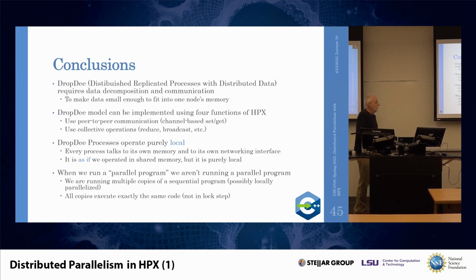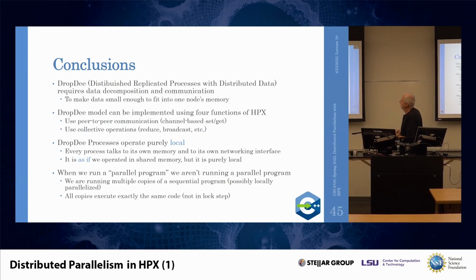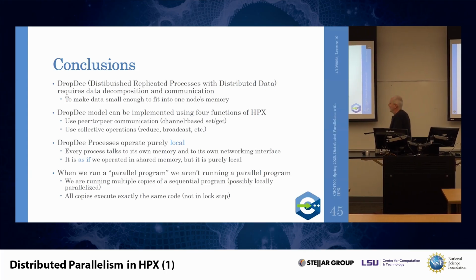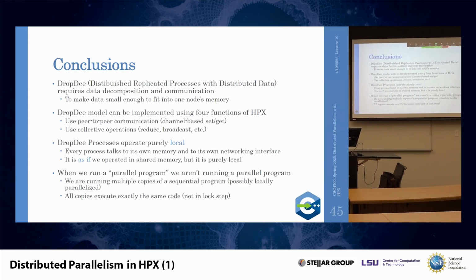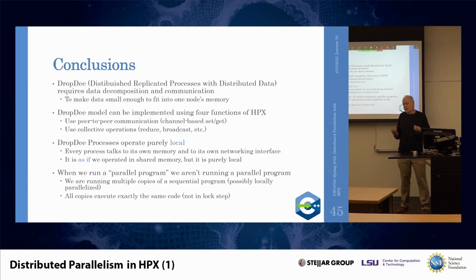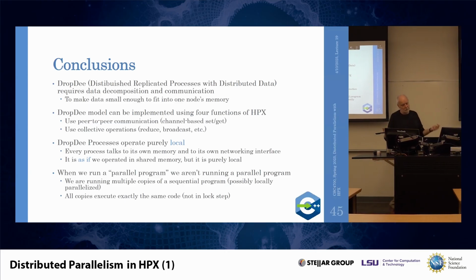So you have to do another communication operation if you want to distribute new values across the system. So when we run a parallel program, we aren't running a parallel program, even if you're running a parallel program. As confusing as that might sound, what I mean by that is a parallel program is a Linux process or an executable that is launched in parallel on several localities, on several nodes at the same time.